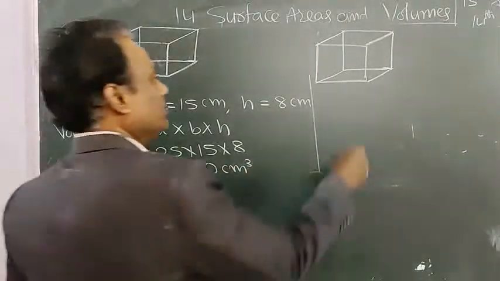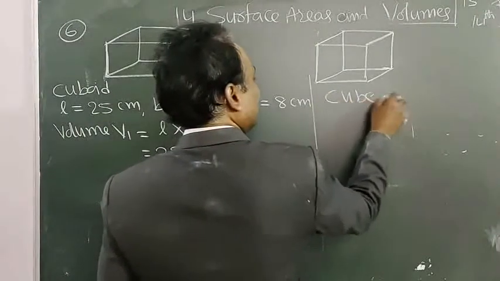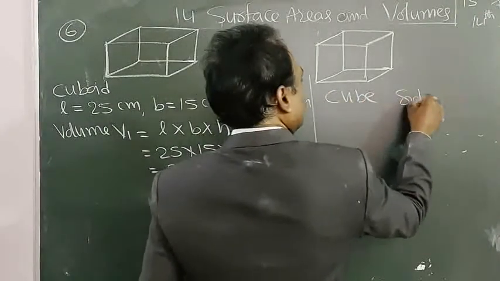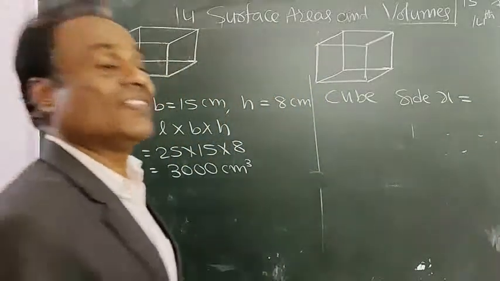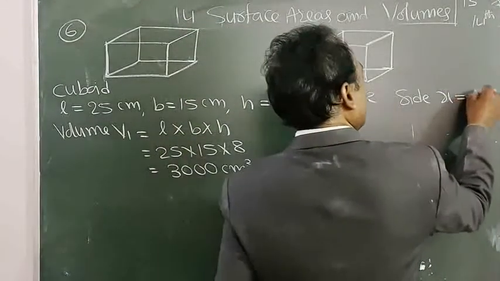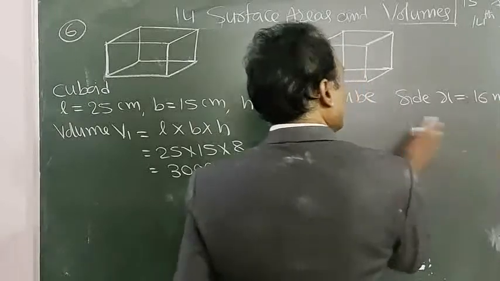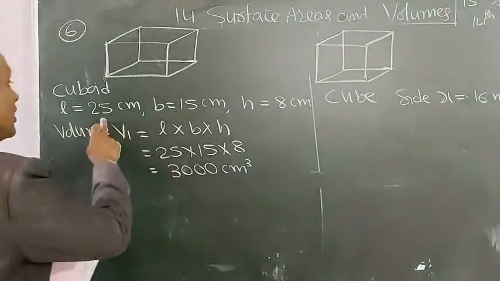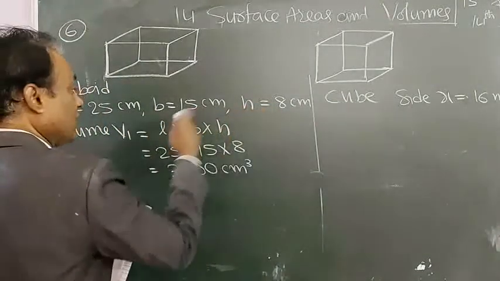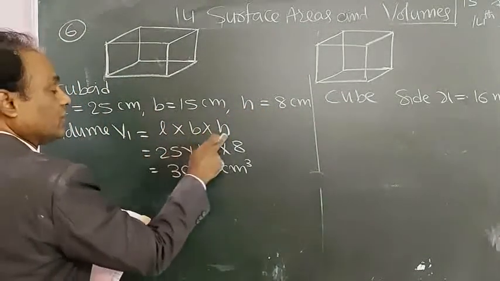Next, for cube, side x is equal to 16 centimeters. See students, I separated the problem into two problems, one is cuboid and cube. Cuboid: length is given, breadth is given, height is given, volume is length into breadth into height.